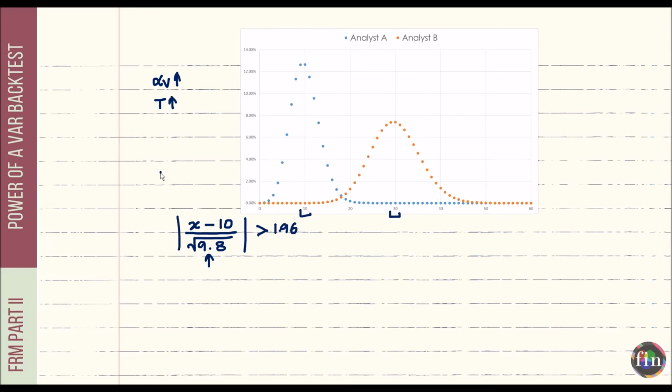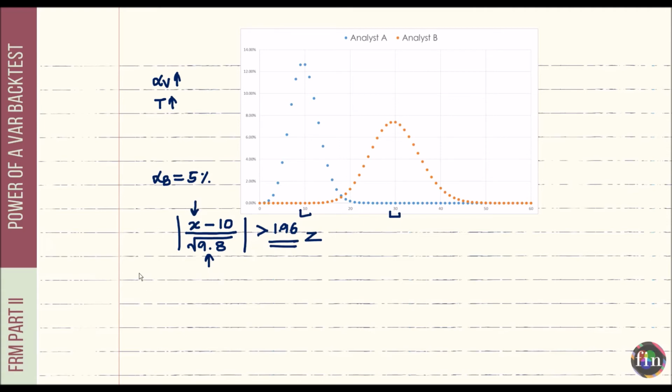Here I am assuming that I am conducting this backtest at a 5% level of significance, or 95% level of confidence. So it's a two-tailed test, and if I were to leave out a 2.5% area in each of the two tails, the cutoff value would be 1.96. Let's work out the cutoff value not in terms of Z, the standard normal variable, but rather in terms of X, the number of exceptions.